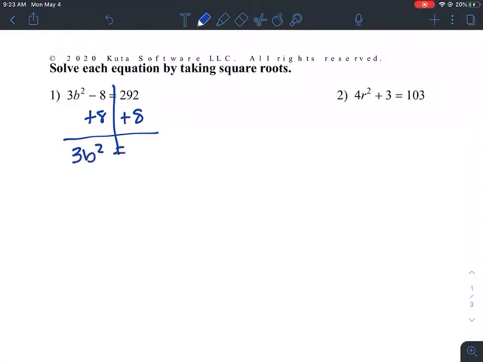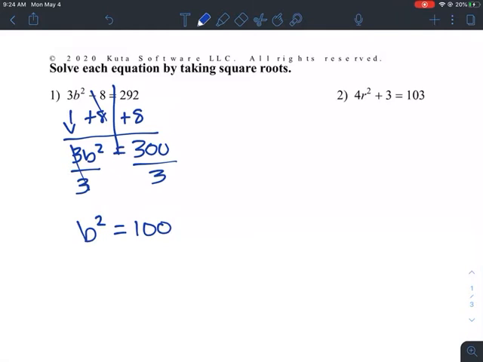So I get 3b squared equals 300, because these cancel out, that comes down, and those add together. Remember, when I have a coefficient or a number in front of my variable with nothing in between it, that's multiplication. So to get rid of it, I divide. So my 3's will cancel out, and I will get b squared equals 100.